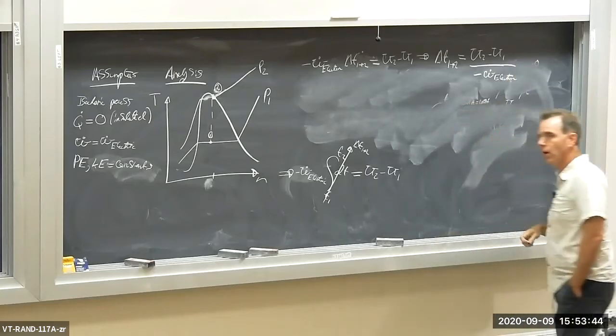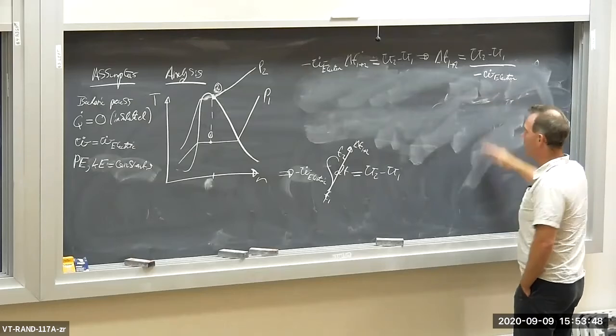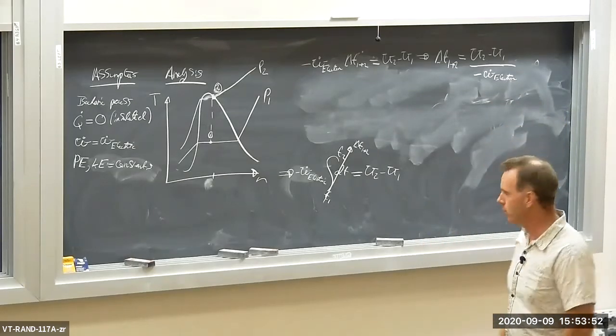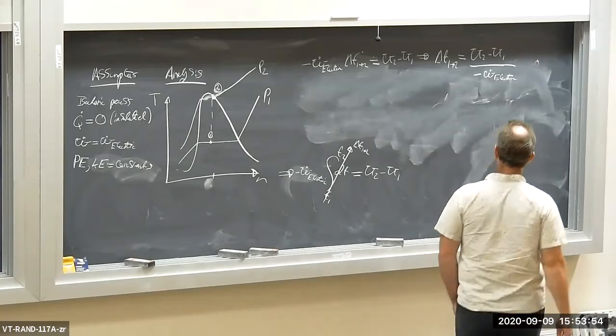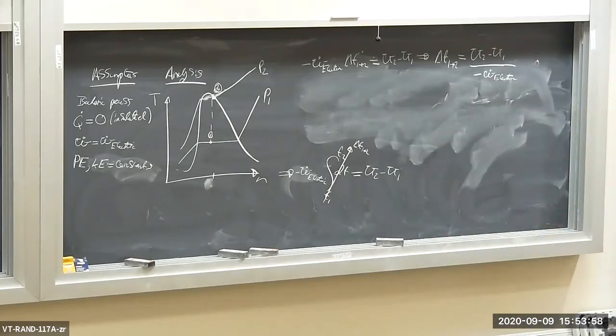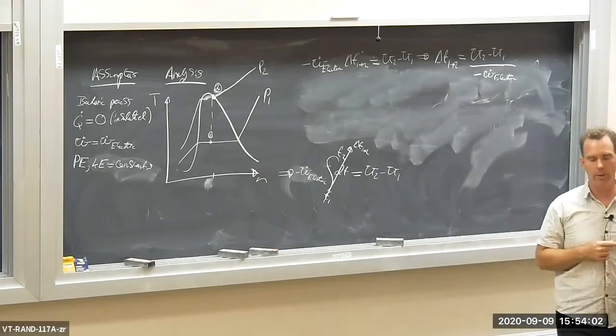If you're wondering what we're going to do about this negative sign here, remember the electric work or power is being done on the system. So this W dot electric will actually be negative voltage times current. So the negatives will cancel out and we will get a positive value for delta T.